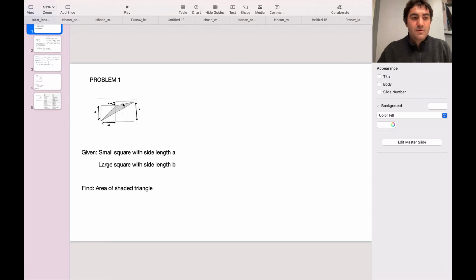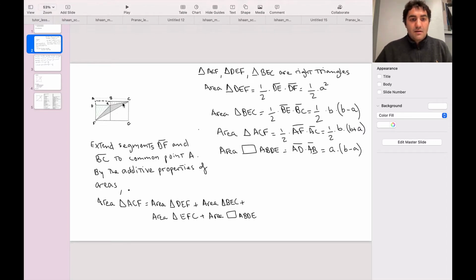So what I've done is I've labeled these points D, E, F, B, C, G, and E, and what I'm going to do is I'm going to extend segment DF and I'm going to extend segment BC, and they're going to intersect at point A. Then I'm going to use the additive property of area.